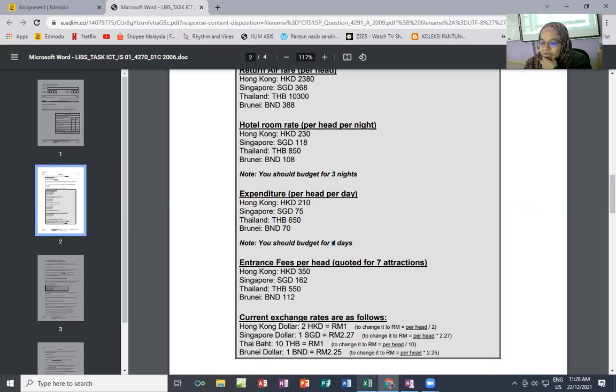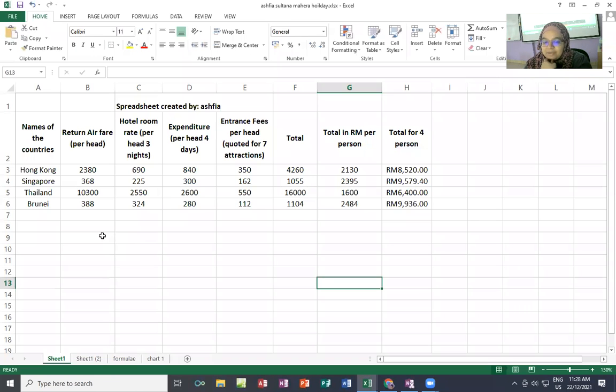First thing first, before this, I saw some students write HKD, SG, Thai baht, all this inside here. No need. What you need to have is just RM here. The question was asking for RM.